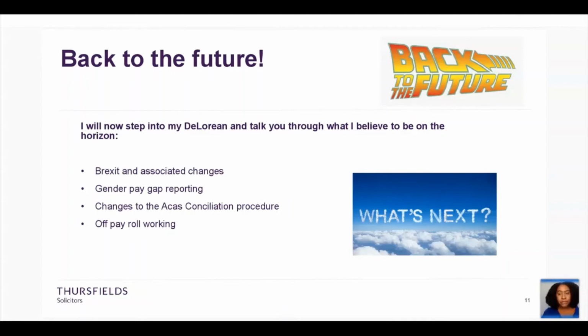Amid predictions that the economic downturn will indeed impact vulnerable and disadvantaged groups the hardest, think particularly our younger employees, disabled employees, and those from minority ethnic backgrounds, employers with a sound narrative around their gender pay gap should consider publishing their data voluntarily, or at least comparing it against last year's data with a view to making change.